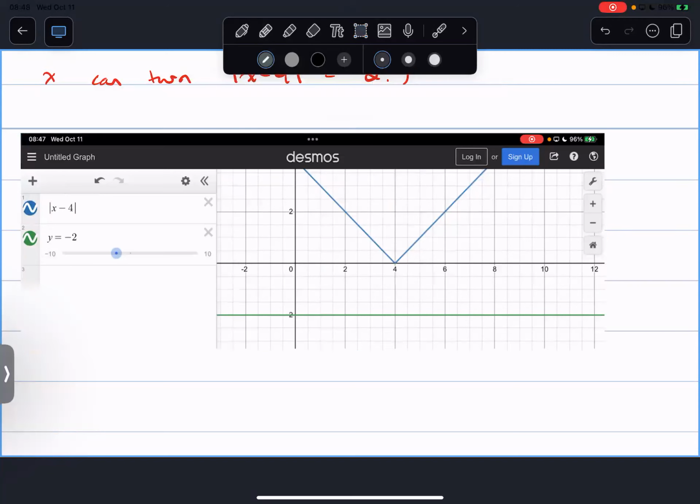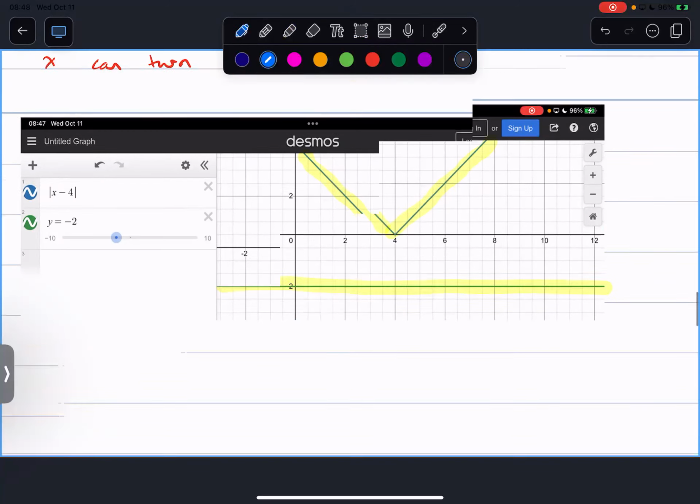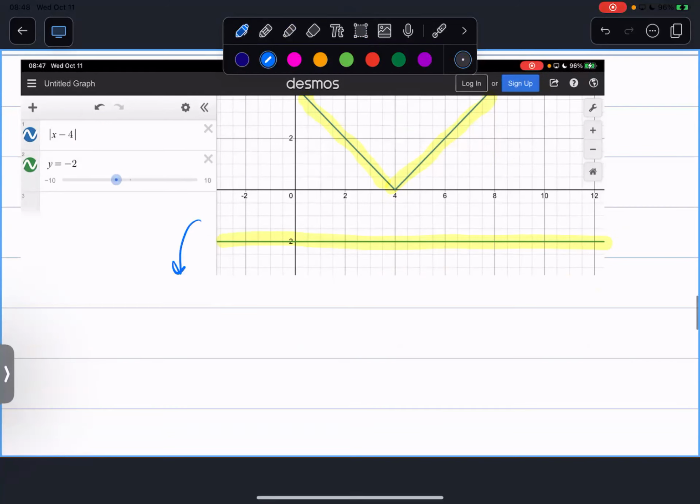All right, so here, just highlighting where they are. No intersections. So there are no solutions.